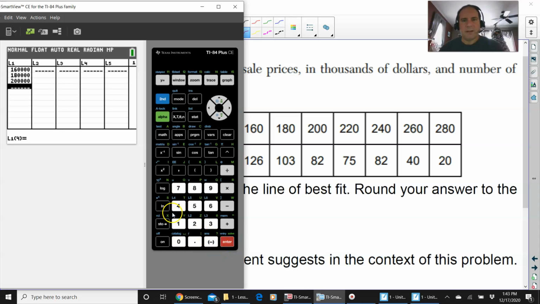Right? And then 220,000. And 240,000. 260. And then 280.